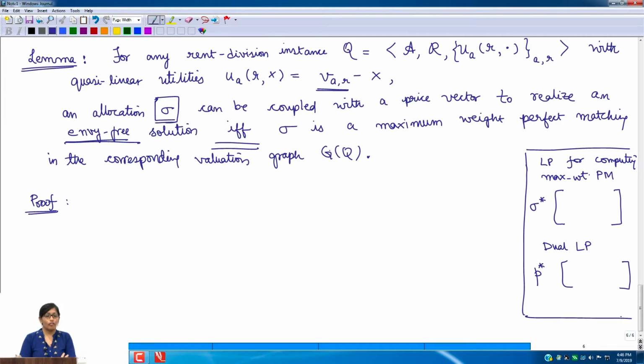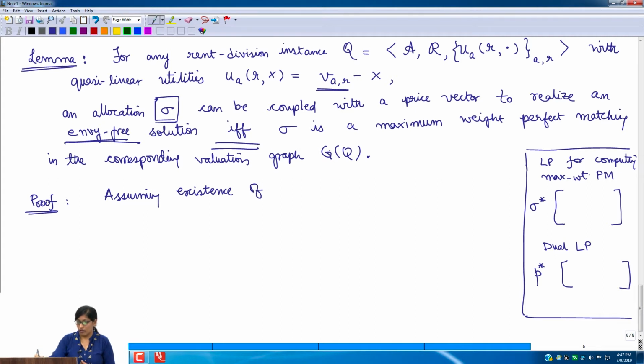So the existence of an envy-free solution comes from an LP duality argument. We can circle back to it, or take it offline if you want to know what this is. But right now I'm assuming existence and proving this particular characterization of sigmas.